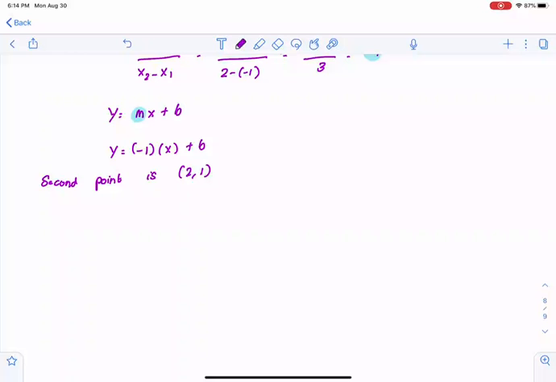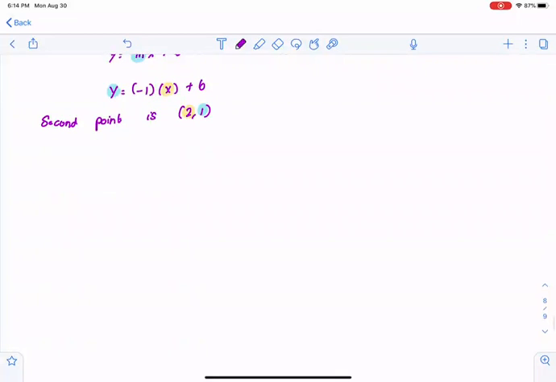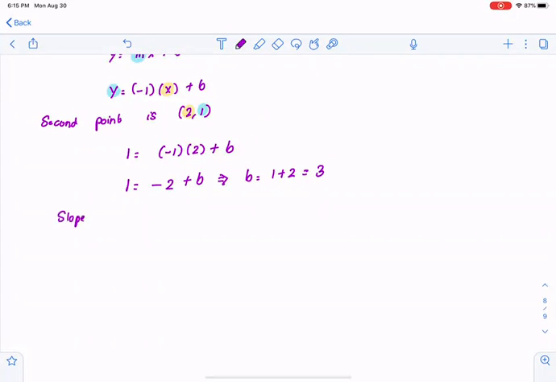So for y, I'm going to plug in 1, and for x, I'm going to plug in 2. So 1 equals -1 times 2 plus b. So 1 equals -2 plus b. If I move the 2 to the other side, b equals 1 plus 2. I get 3.